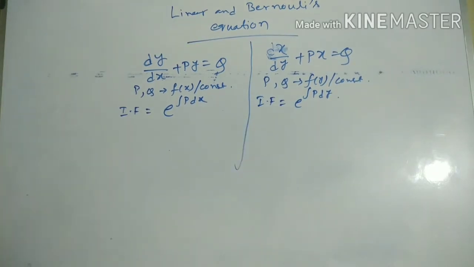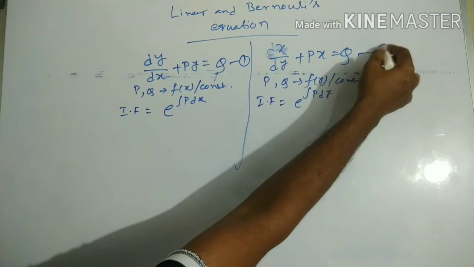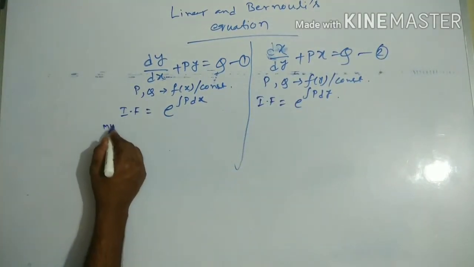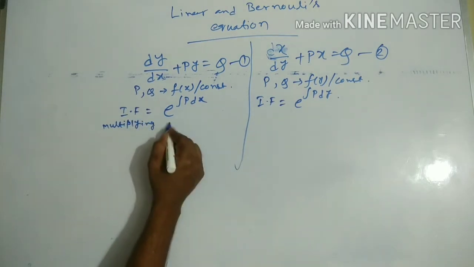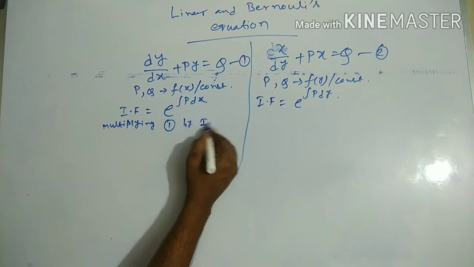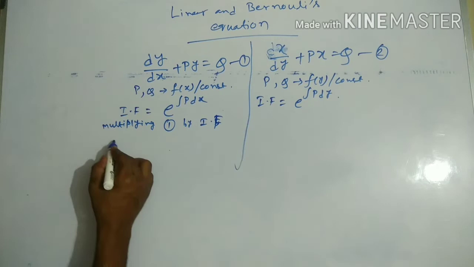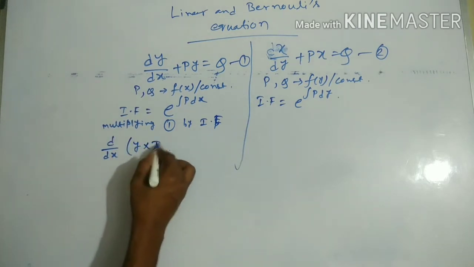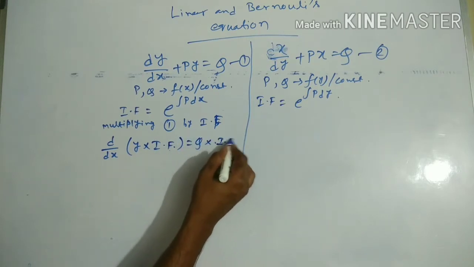Now, after finding the integrating factor, we have to multiply the given equation, I am numbering this 1, by the integrating factor. So multiplying 1 by IF, we will get d/dx of (y into IF) equal to q into IF.